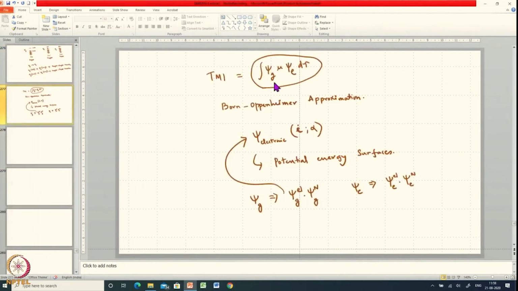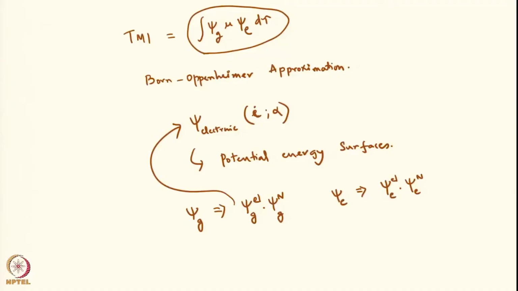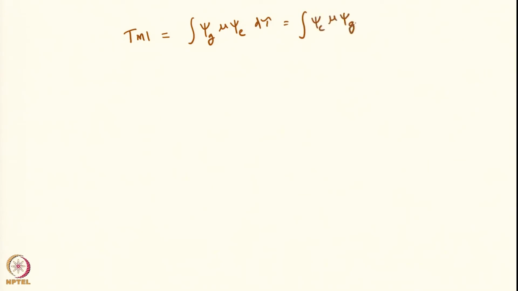So, one can therefore write your TMI will be equal to the integral of psi g, mu, psi e, or rather the other way around, in fact this should be psi e, mu, psi g, d tau, where mu acts on psi g.